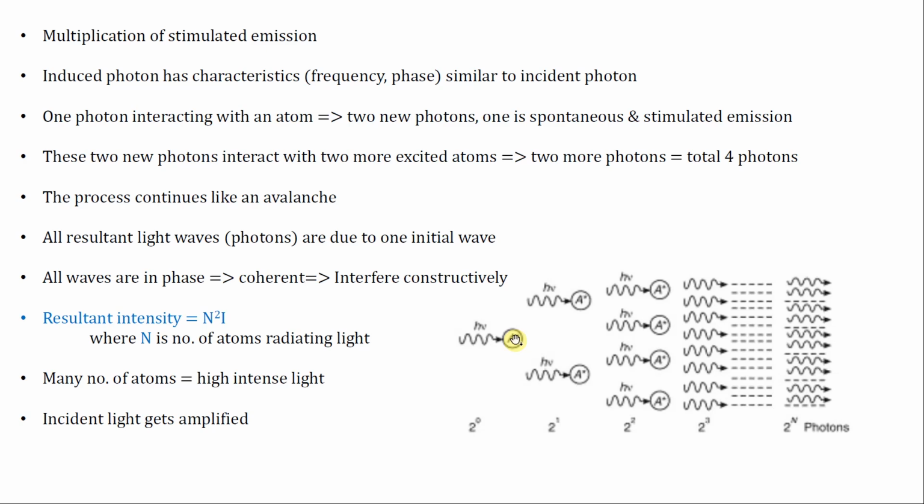I had only one atom here, then 2, then 4, 8, and it went on till 2 to the power of n photons. Resultant intensity is n square I. So the total intensity of the resultant light increases if you have many atoms, or we can say that the incident light has been amplified.